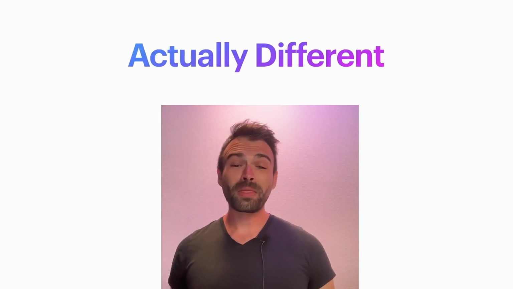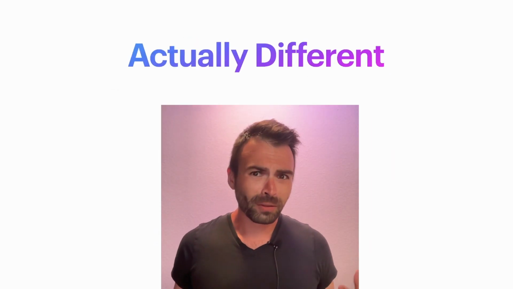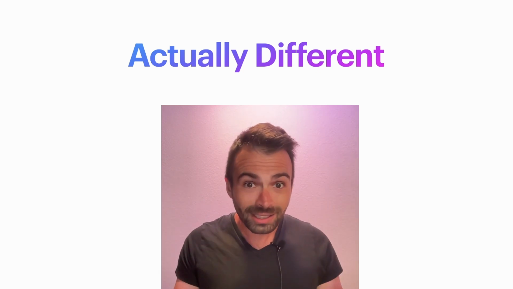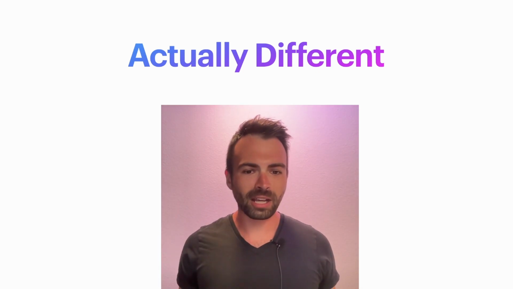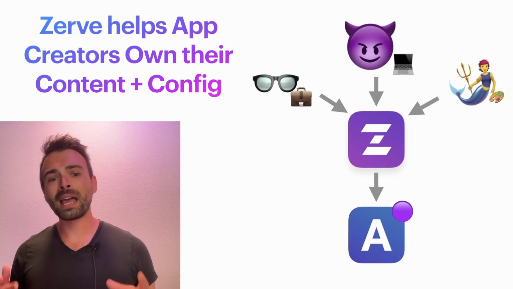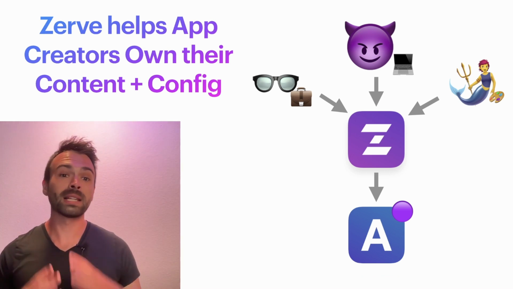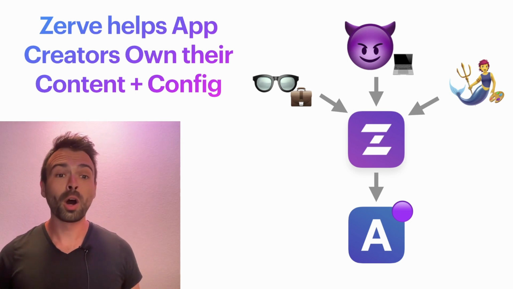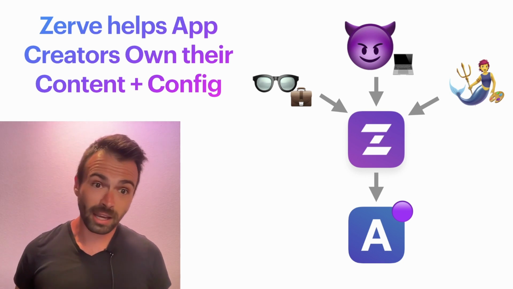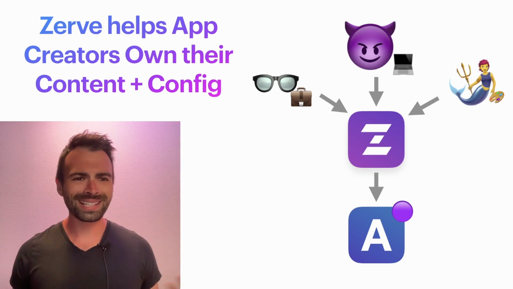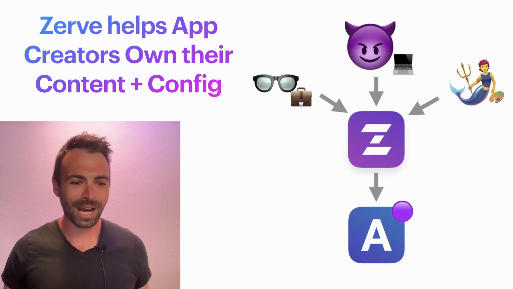So finally, this is why I believe Zerve is actually, unironically, different from everything else in the world of software. Yes, it helps with your existing workflow by being a content management system that lets your non-technical people own the configuration and the content in your application. But it's not the only content management system out there.